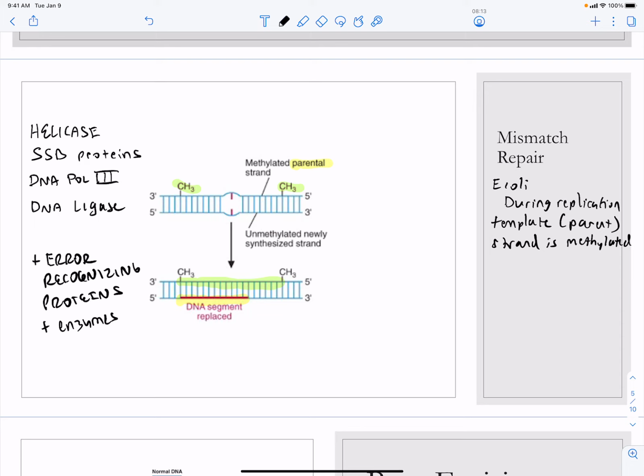And so in eukaryotes, this is also very important. In eukaryotes, methylation is known not to be the way that our polymerases know which is the parent strand and which is the newly synthesized strand. So it's not really clear how they do that. But one thing that is known is that these mismatches are very common in our inherited cancer susceptibility syndromes.